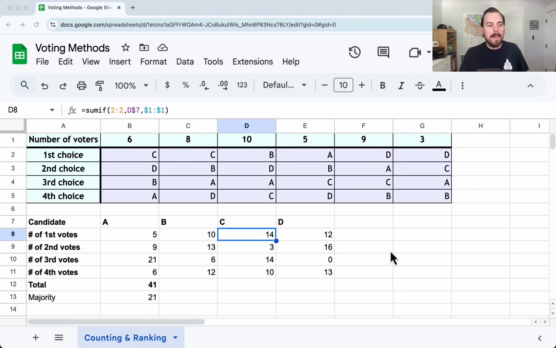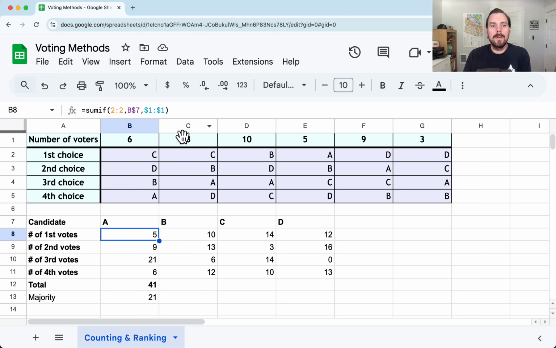Sometimes we look at a method called plurality with elimination, or instant runoff, and in that one, for example, we would remove A because A had the lowest number of first place votes. But then we would look at the people who voted for A and ask who they cast their votes for second. Here are 5 people who voted for A, and they put B in second.